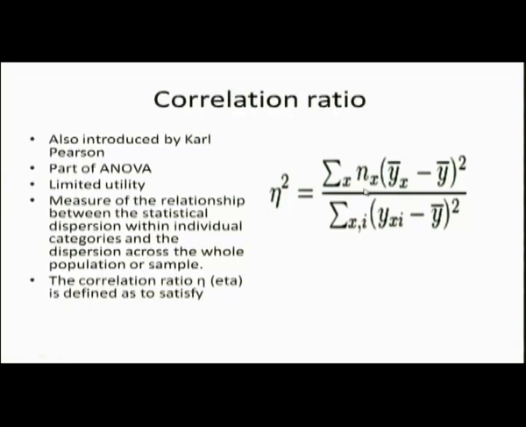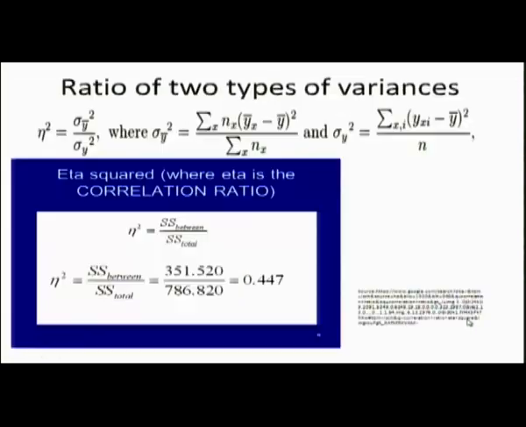The numerator part means the variance explained, and this denominator part is total variance or variance of all the values of y irrespective of x, and eta square is the ratio of the two, and this is called square of correlation ratio.